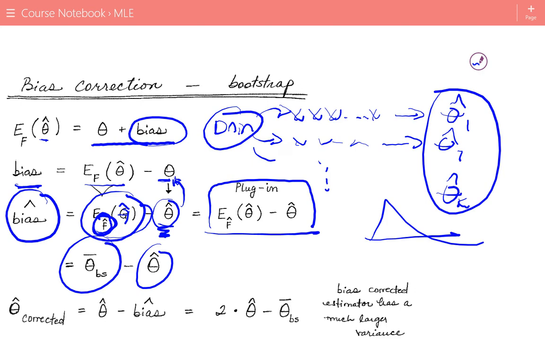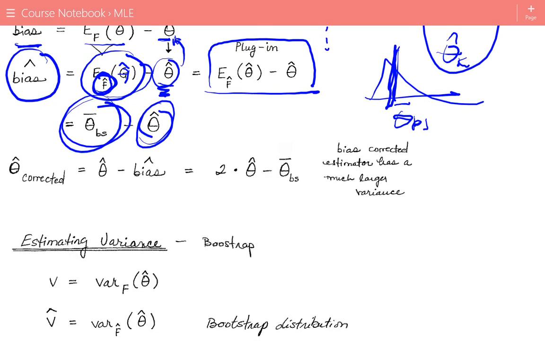And so now I can get the expected value of those parameters, and that's going to be the theta bar BS over here. I can take that average and subtract it from the actual estimate that I got on the real data, and that gives me an estimate of the bias.